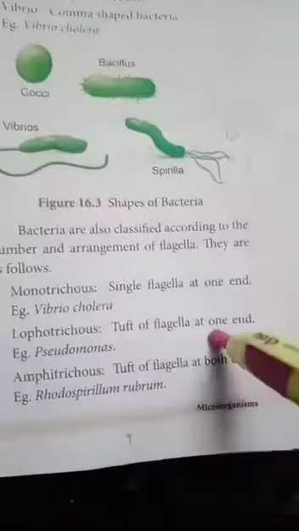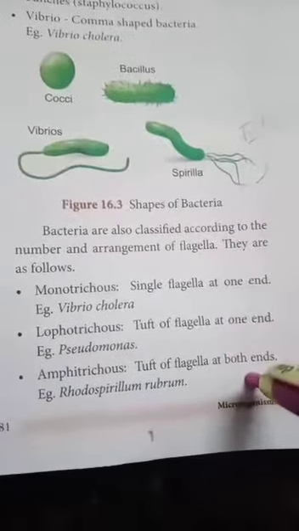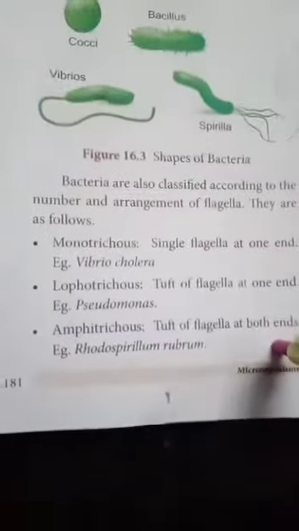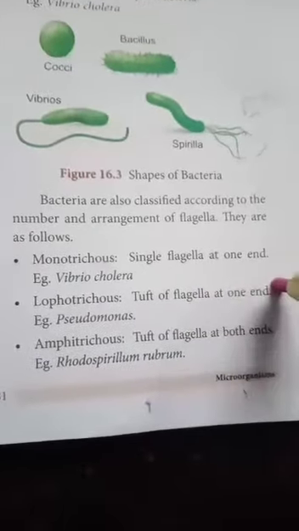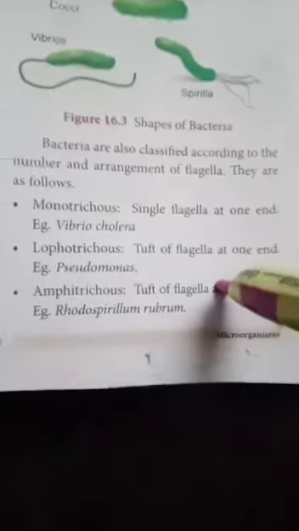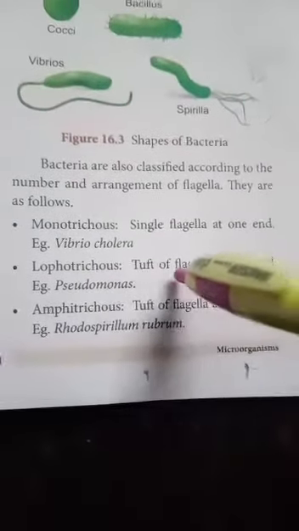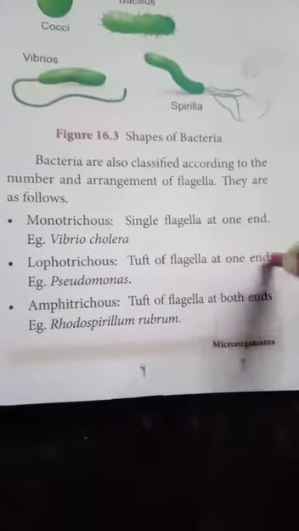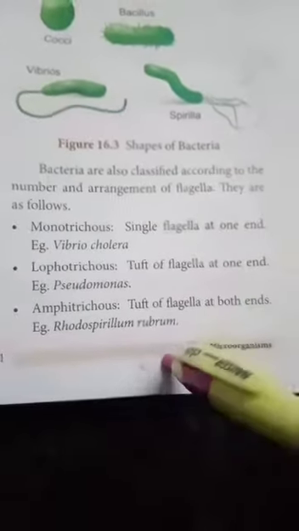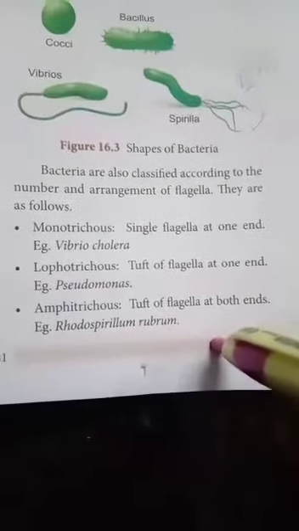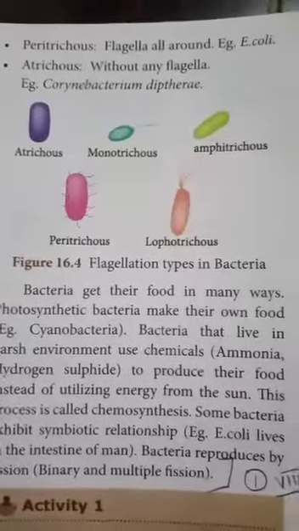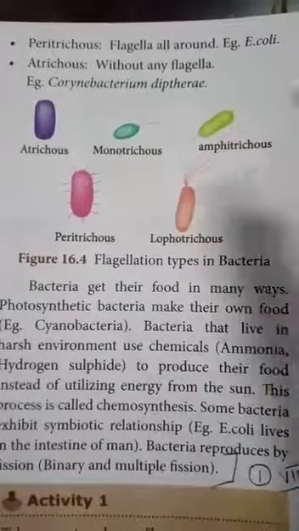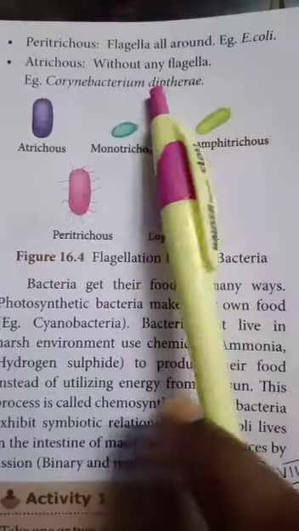According to the number and arrangement of flagella, it is called monotrichous if there is 1 flagellum at one end; lophotrichous, a tuft of flagella at one end; amphitrichous, at both ends; peritrichous, flagella all around; and atrichous, without flagella.